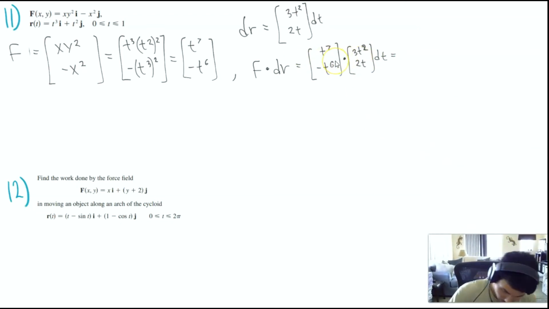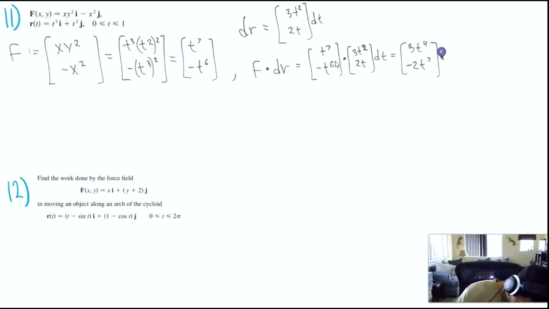That's why I do it this way. Just 3t to the 4 and negative 2t to the 7 dt.